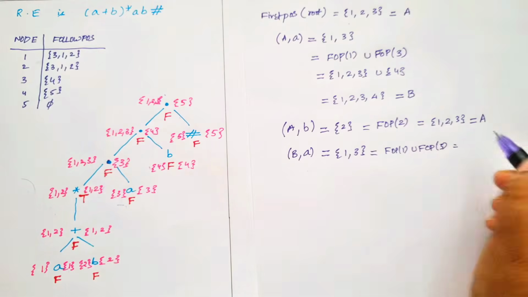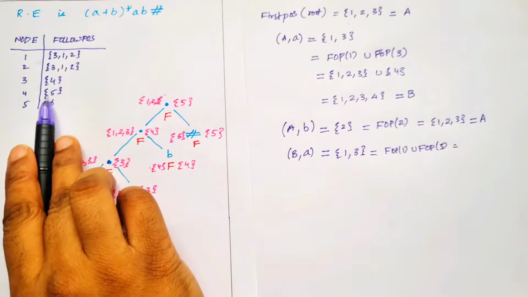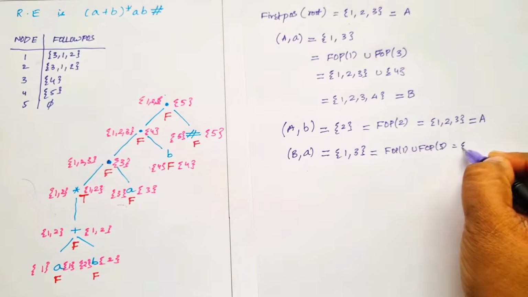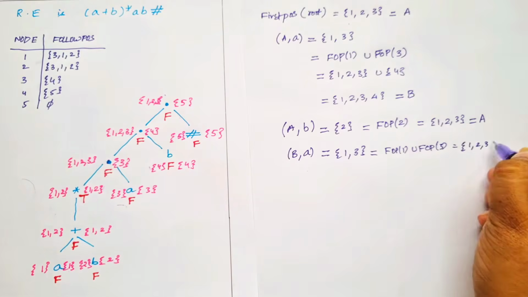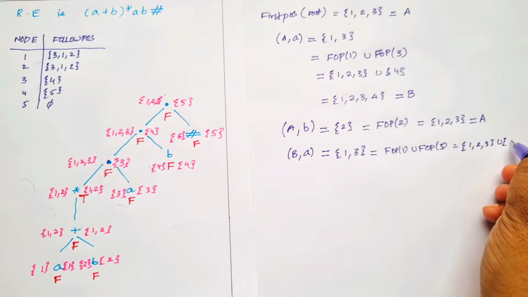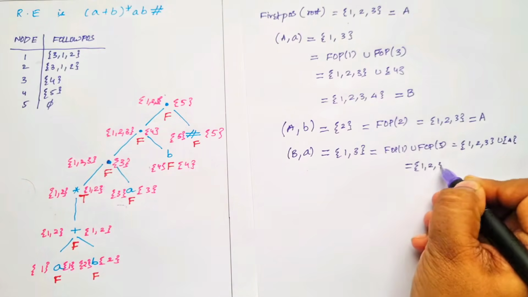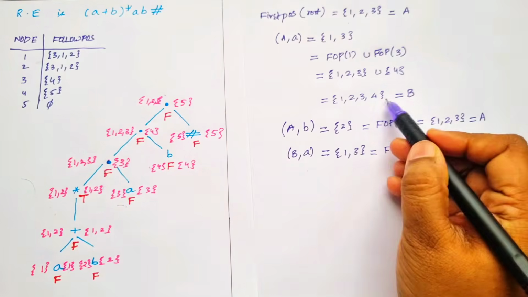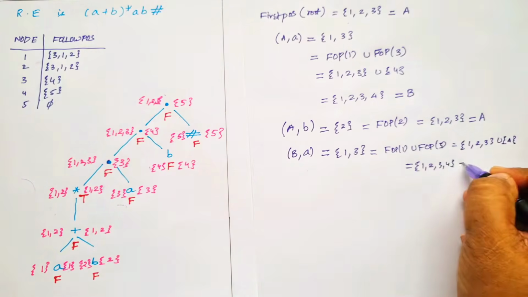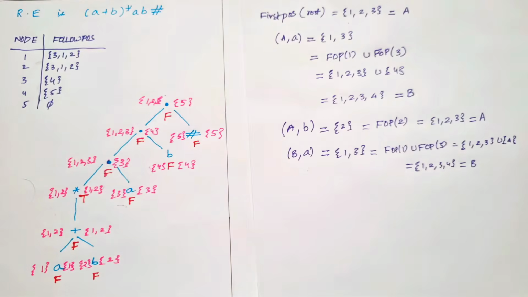What is the follow position of 1? 1, 2, 3. Follow position of 3 is 4. Means 1, 2, 3 union 4. What am I getting? 1, 2, 3, 4. Already I have given the name B for 1, 2, 3, 4.